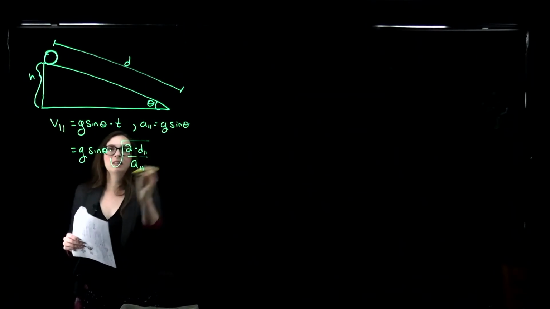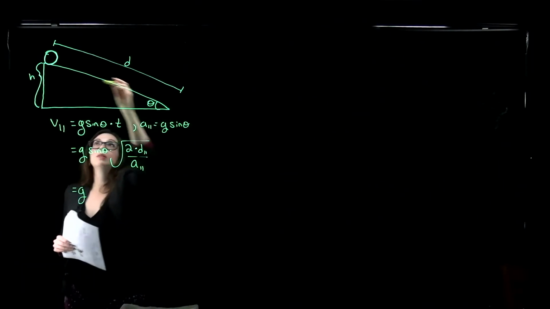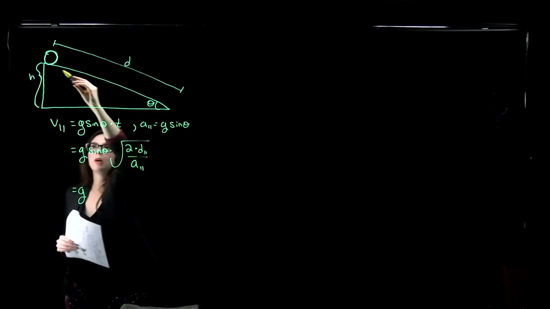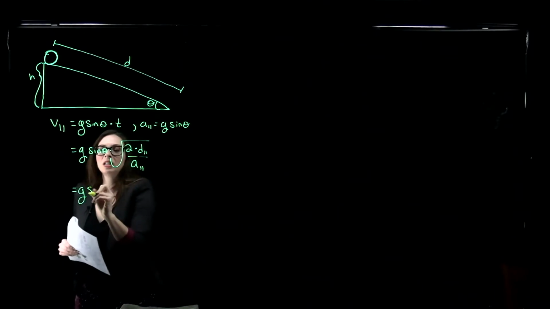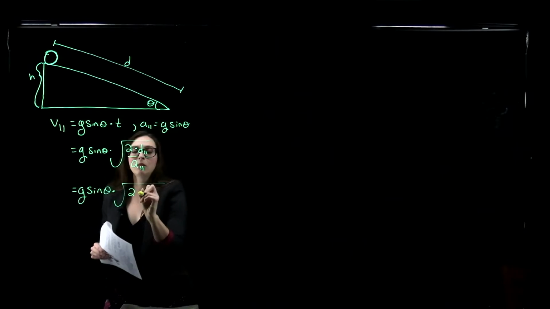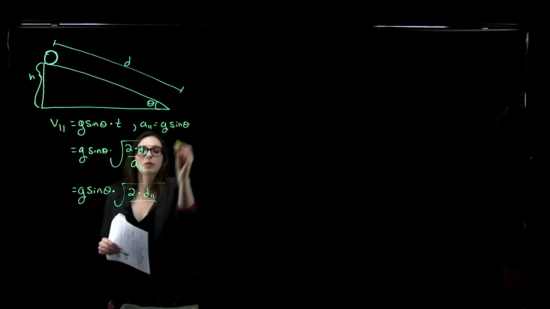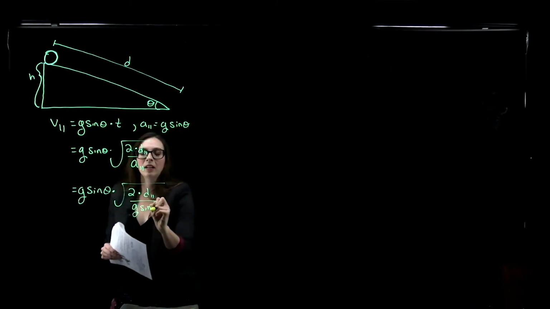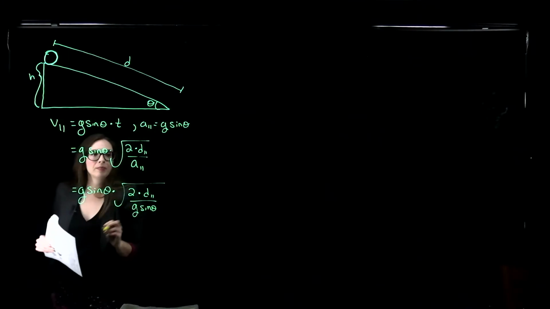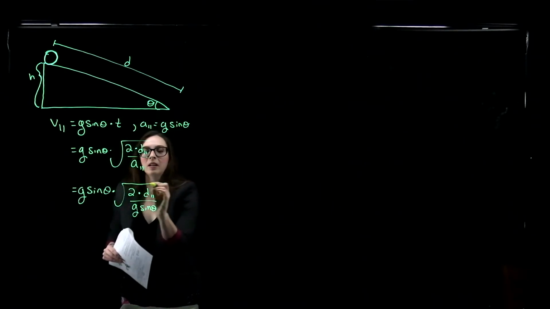But if I plug that into this equation, we found that the velocity of the ball when it reaches the bottom of this incline, which I'm calling V parallel, was g sine theta times the square root of 2 times d parallel divided by this acceleration, g sine theta. Now I want to put everything inside the square root sign, for a reason we're going to see in a minute.